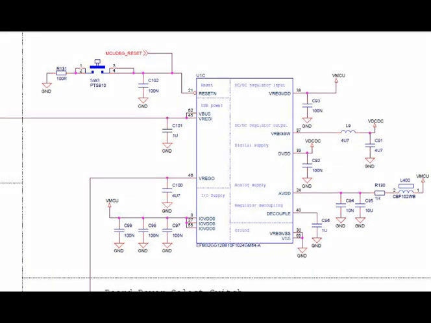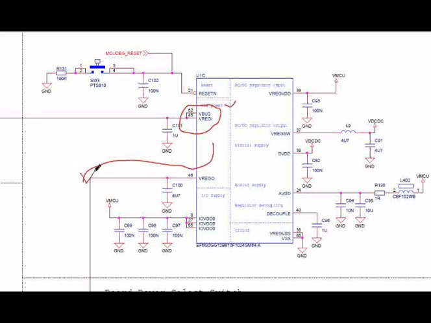This is the MCU power section of the EFM32GG12 schematic. You can search for EFM32GG12 Giant Gecko schematic and you will get this. Here, the first thing we mentioned: there is a 5 volts input named USB power in this symbol, and we get the output here.